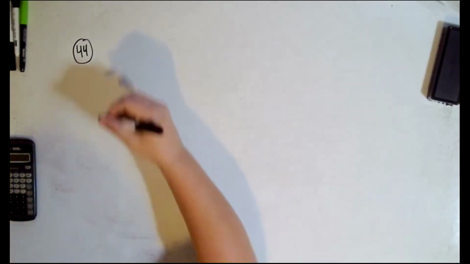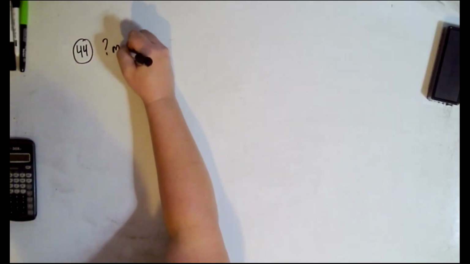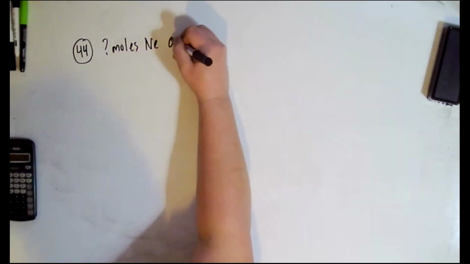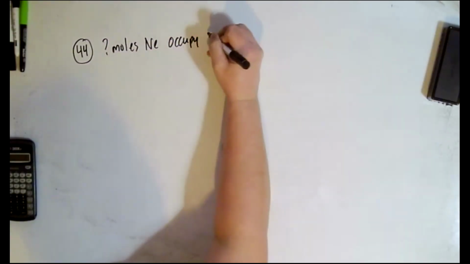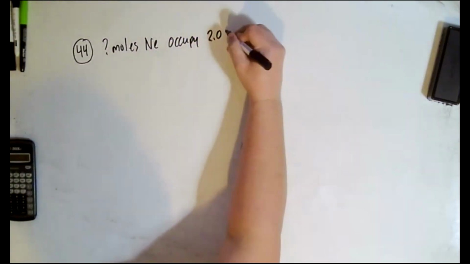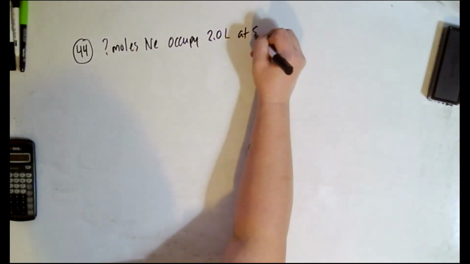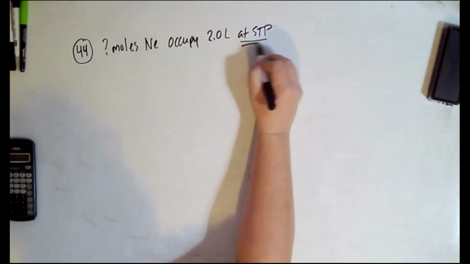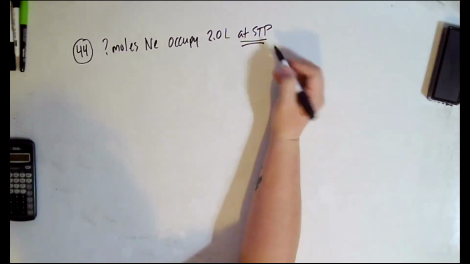Okay, now question number 44. How many moles of neon occupy 2 liters at STP? Okay. Again, this right here tells us that we're able to use molar volume.